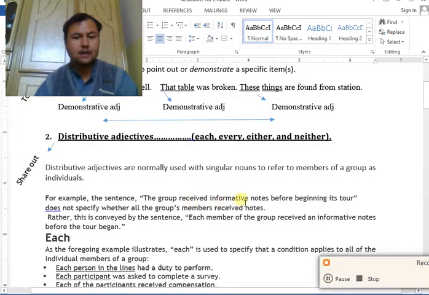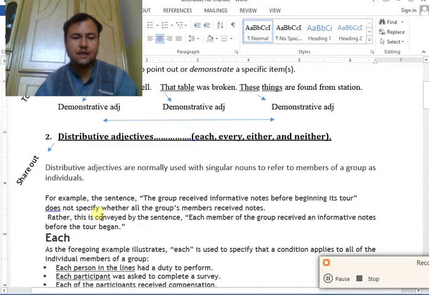The sentence is talking about the whole group, but it does not specify whether all the group's members received notes or not.